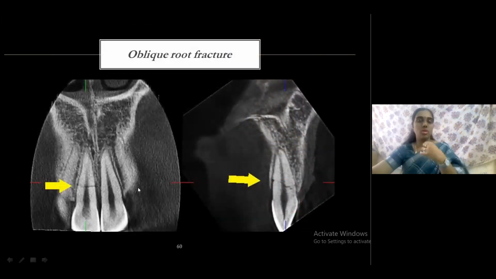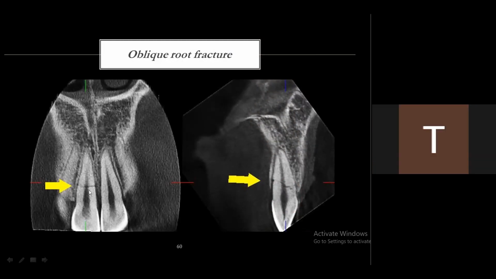This is a case of oblique root fracture. This is a coronal section and this is a sagittal section. So what is the difference? As I told you earlier, 3D radiology is just a stacking up of all 2D images. So even in coronal section, you're able to make out only a fracture which is horizontal in position.